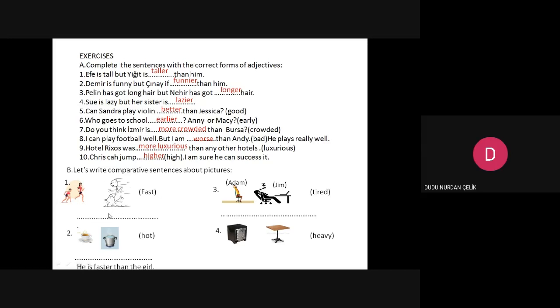How can we make it? He is faster than the girl. Or we can say he runs faster than the girl. Fast, change this to faster. We compare him with the girl, so we say than. Faster than the girl. Or we can just say he is faster.